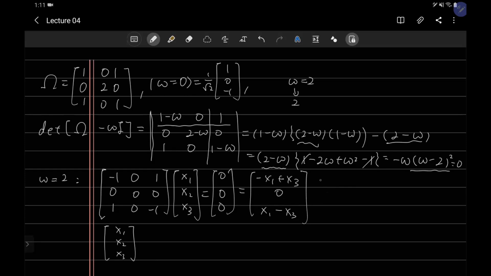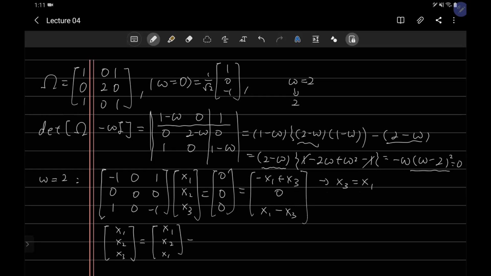They have the same information, which is that x3 should be the same as x1. So based on that, x1 has no restriction, and x2 also does not have any restriction compared to the previous case. And what about x3? It should be the same as x1.